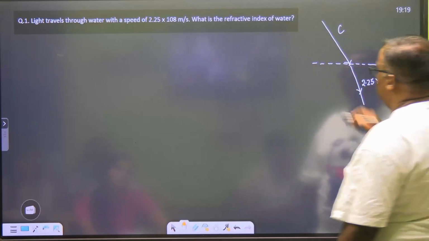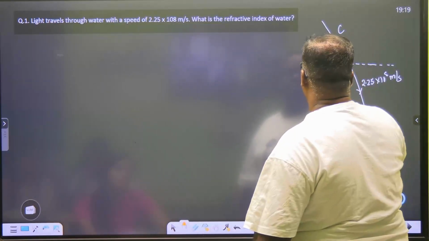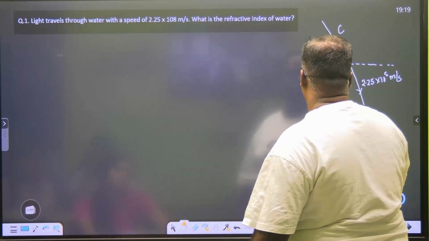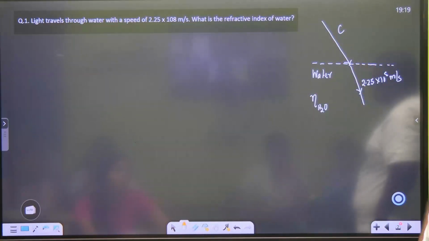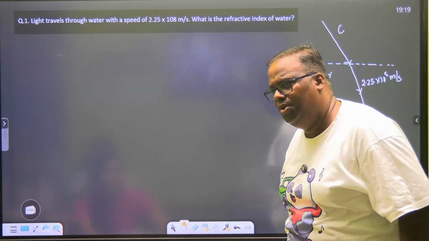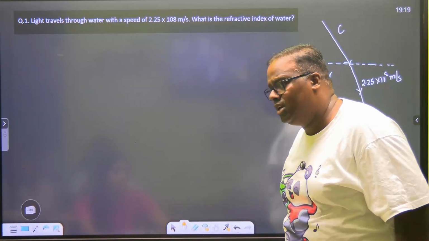They are asking me what is the refractive index of water. Did they tell me the refractive index of water with respect to something? No, they just said what is the refractive index of water.